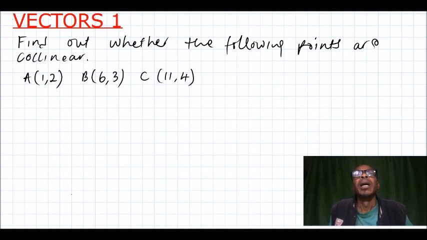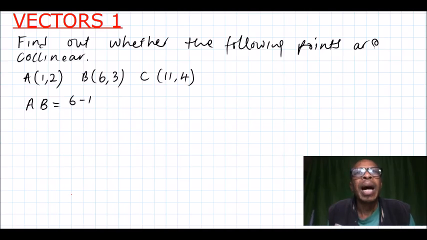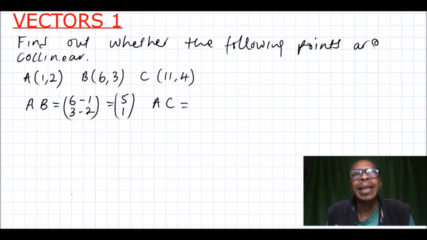Now, we don't have to draw the Cartesian plane to prove that these 3 points are collinear. What do we do? We can get AB, which is 6 minus 1 and 3 minus 2. That will give us 5 and 1. We can express AC. AC is equal to 11 minus 1 and 4 minus 2.